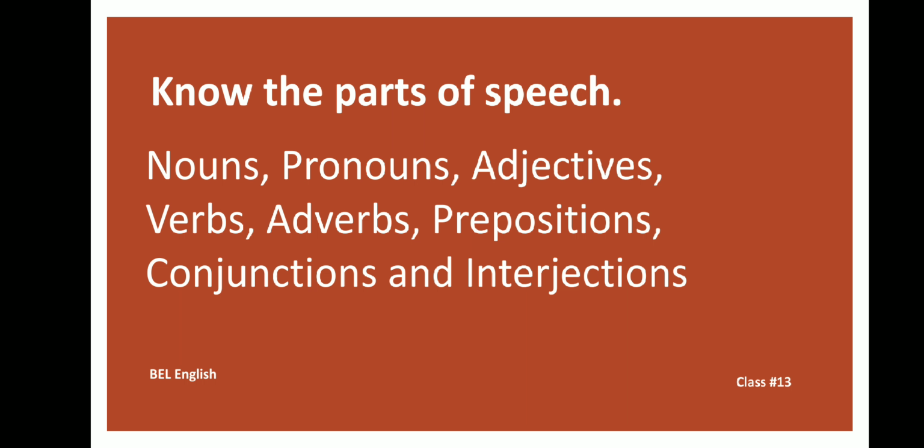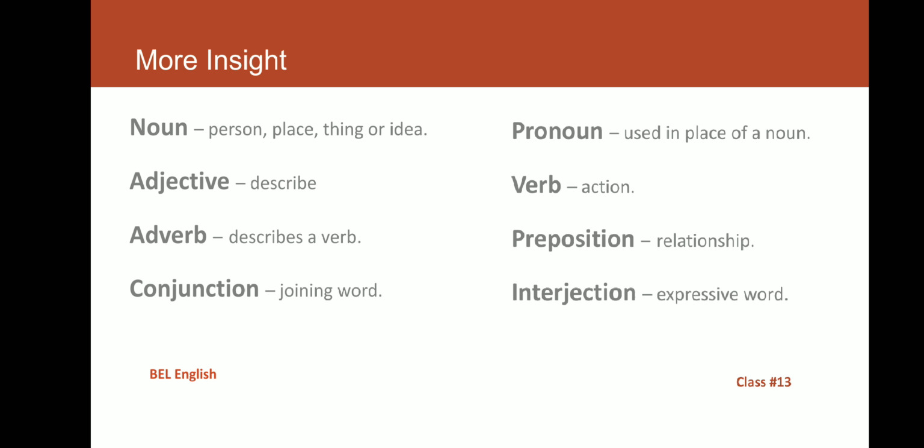So a noun is a name that is given to a person, place, thing, or idea. It's basically a naming word, where things are given names in order to call them. For example, Tom has gone to London.